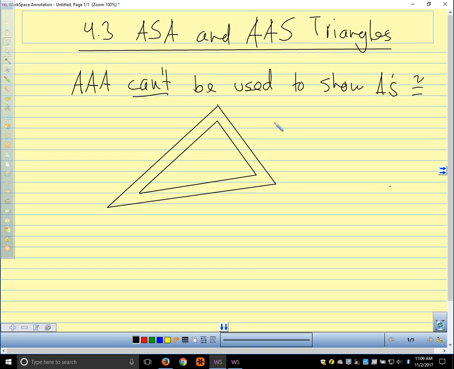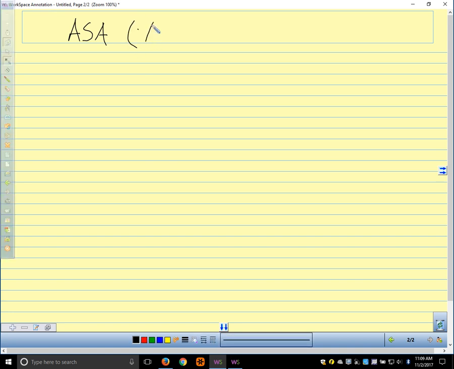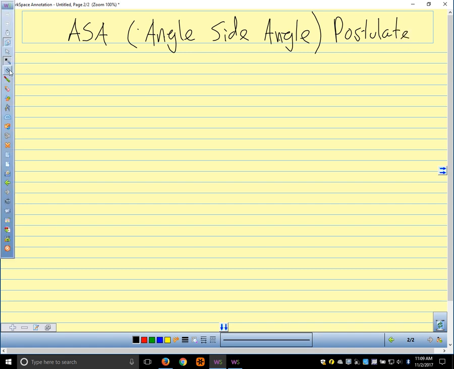All right. So a couple more ways that we can show that triangles are congruent, though. We're going to talk about the ASA postulate. ASA means angle-side-angle.